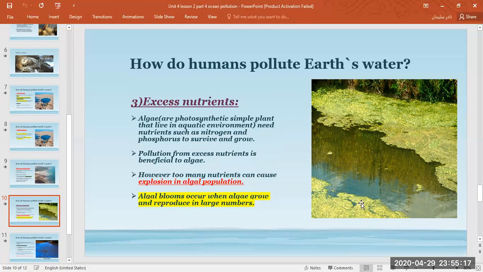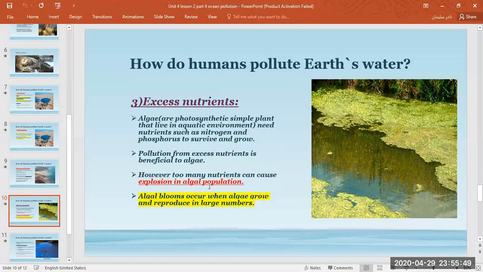Excess nutrients cause an explosion in the algal population. So the algal population will increase too much because of the increase of these nutrients.